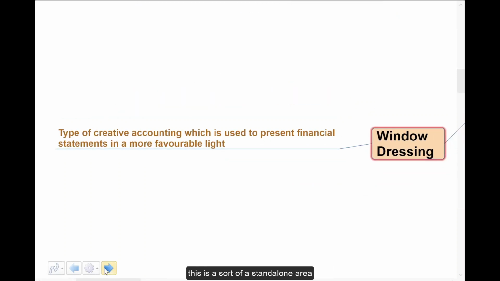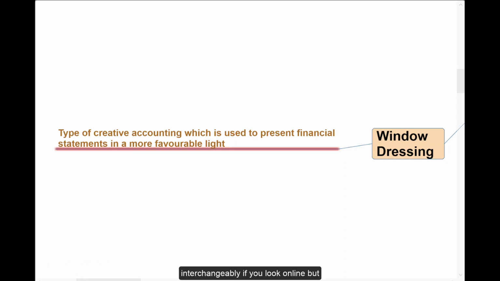Now, this is a standalone area, window dressing, and note it likens it to a type of creative accounting. Those can be used interchangeably if you look online, but window dressing is just that. It's the idea of dressing the window, dressing the accounts, so perhaps using creative techniques. Now, we're not talking about doing anything illegal here. We're not saying fix the revenue or fix the gross profit. We're really saying the use of accounting techniques.